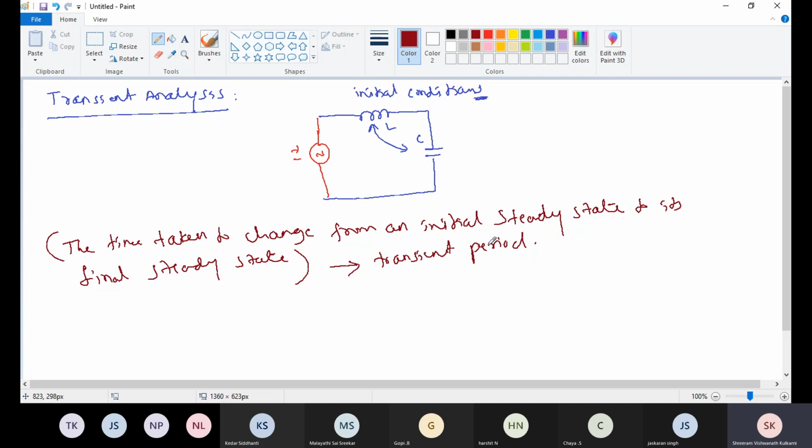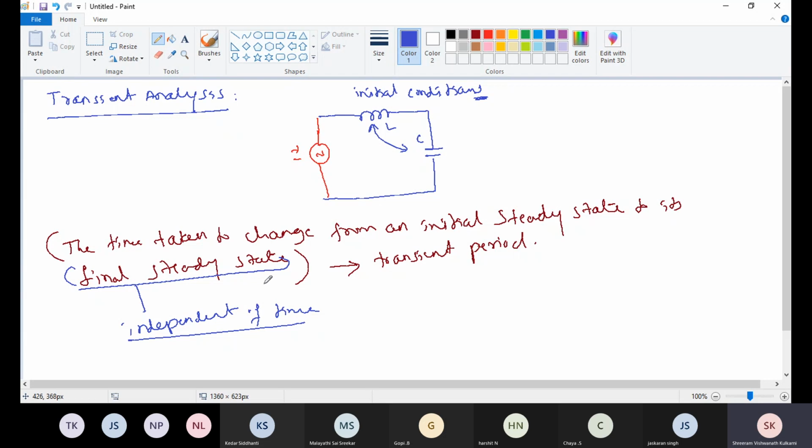Steady state means the value of this final steady state is independent of time. That is the steady state response.